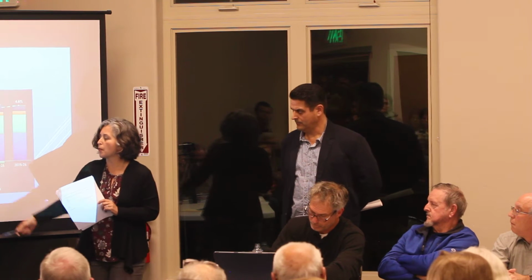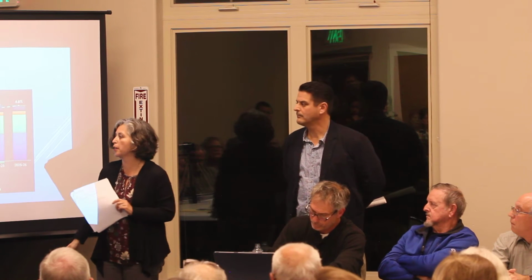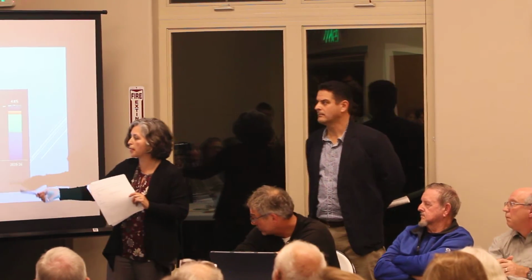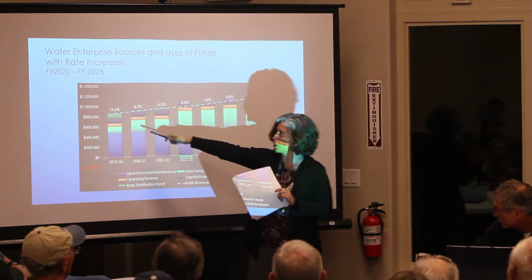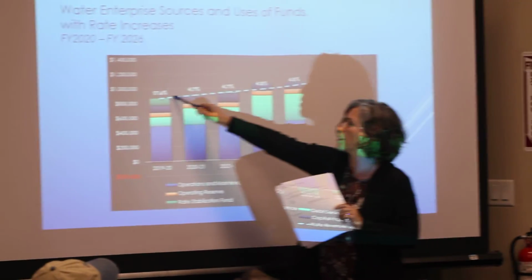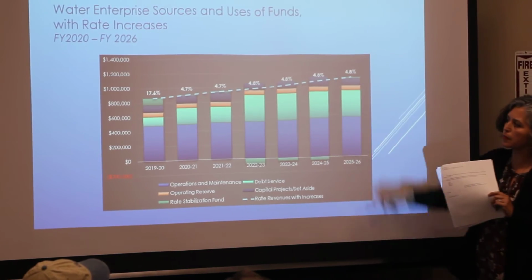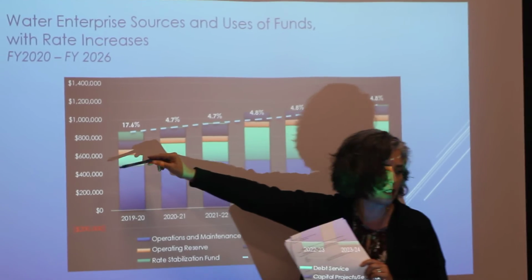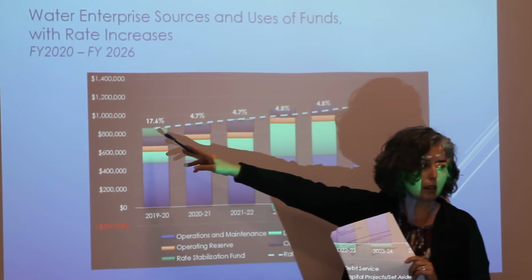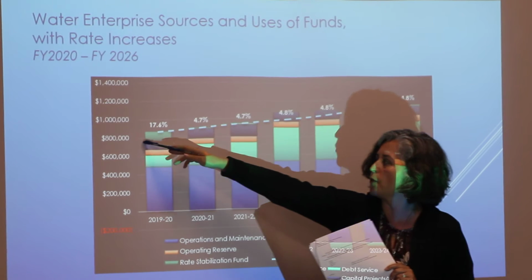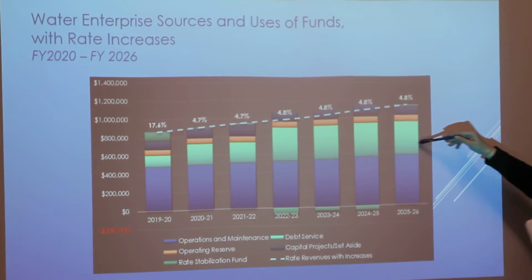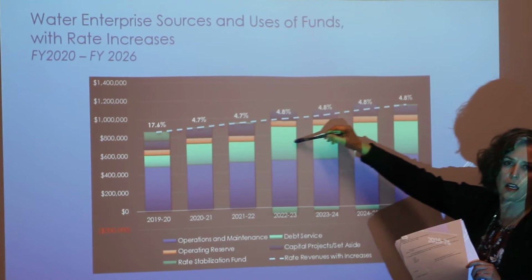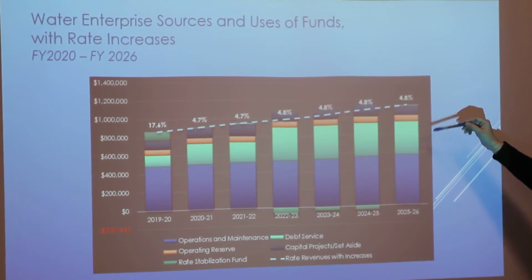All right, so there was a question earlier about revenues and expenses. This graph really just shows expenses, but the 19-20 is also a good reflection of where your current revenues are. Without any rate increases, you would not meet the needs of your expenses.